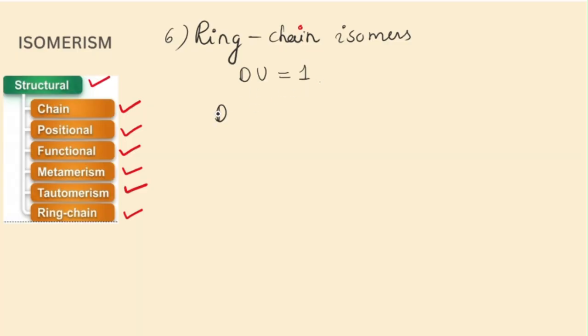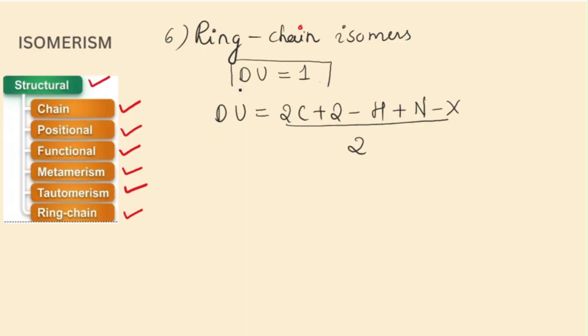The formula to calculate degree of unsaturation is (2C plus 2 minus H plus N minus X) divided by 2, where C is the number of carbons, H is hydrogen, N is nitrogen, and X is the halogens. If you get degree of unsaturation as 0, then you cannot write ring chain isomers. You should get at least 1 as an answer. Only then you can write the ring chain isomers.